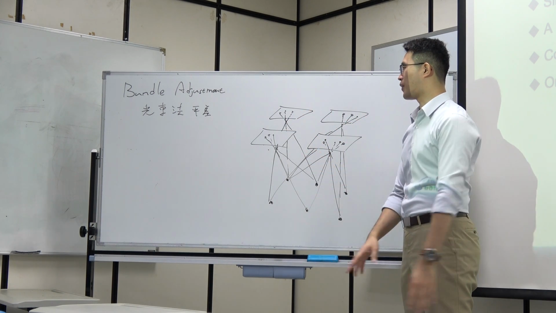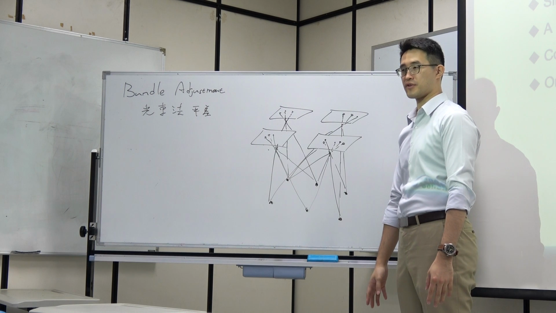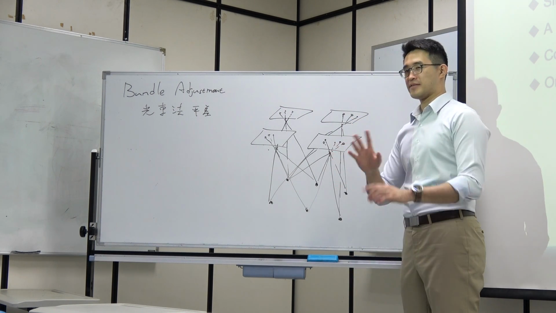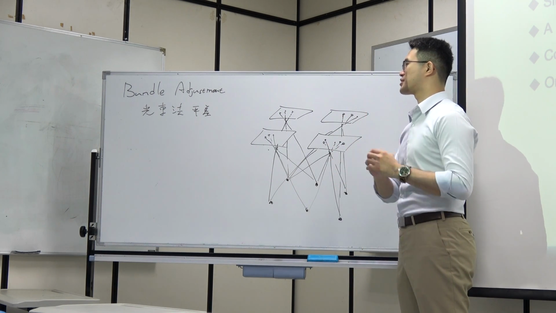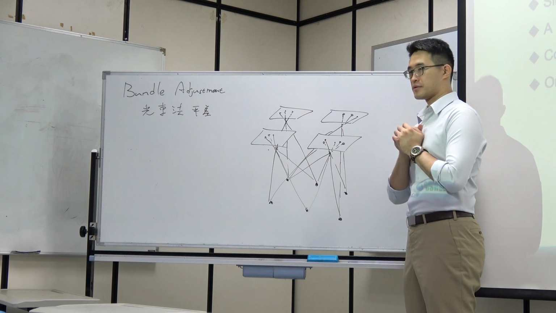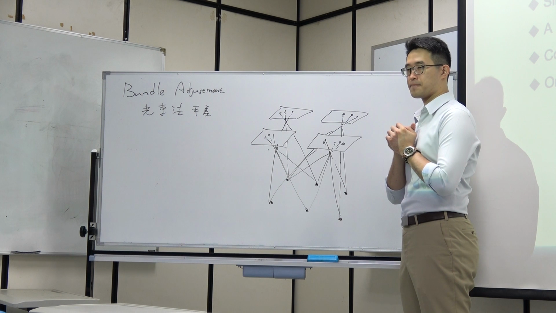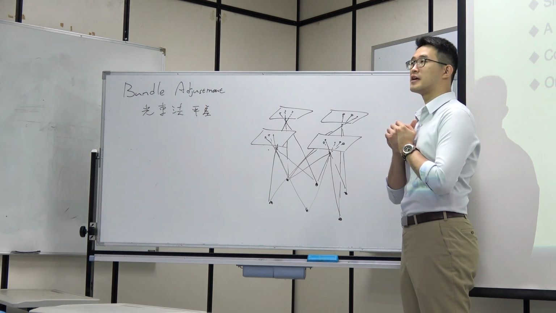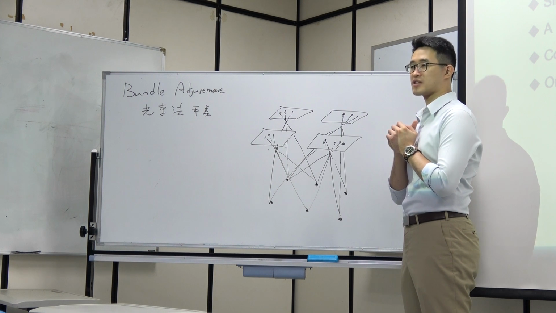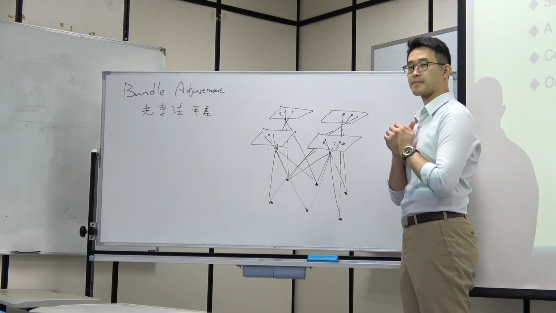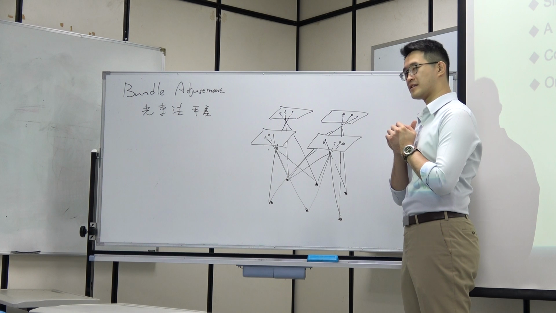Let me finish what the purpose of the bundle adjustment is first. Bundle adjustment is an approach that can perform space resection and space intersection in the meantime. Let me say it again.